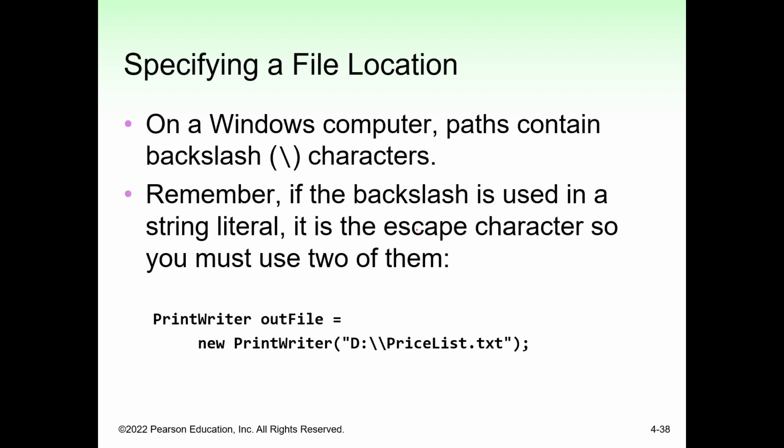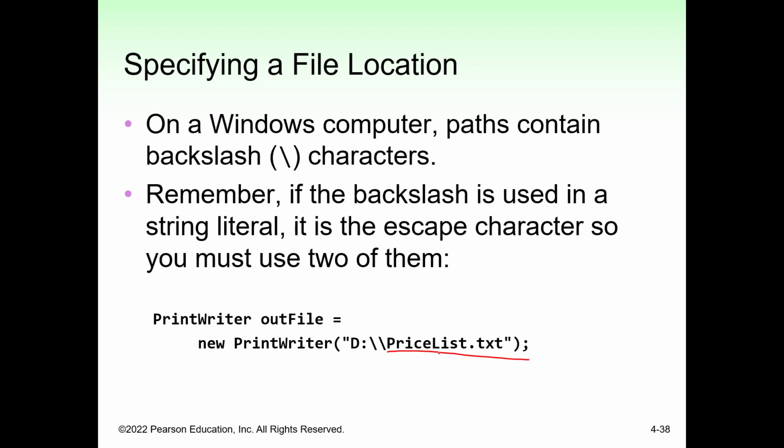If your file is not in the same folder as your code and your source code, this is what you will have to do. Instead of just putting the name of the file, you will have to provide a path to the file. And path just means the location of your file.